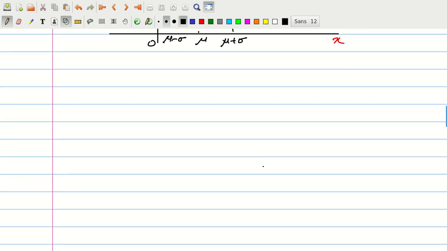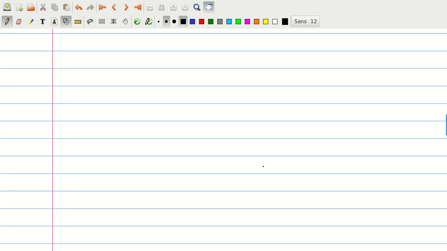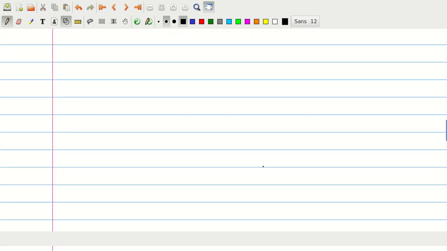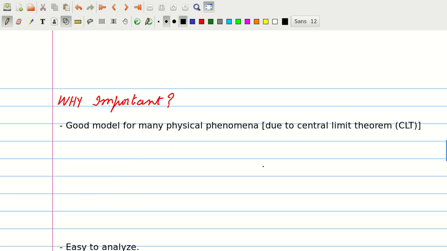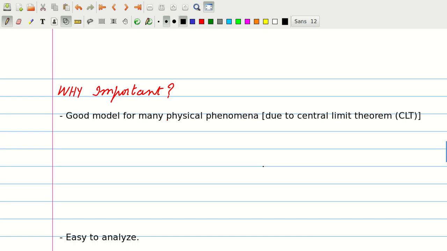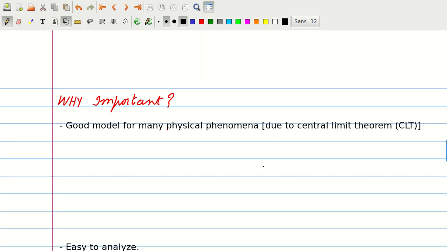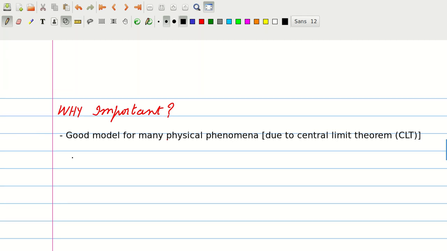Let us now look at some of the attributes of a Gaussian random variable which make it important. So, why is a Gaussian random variable important? Number one, it's a good model for many physical phenomena due to a well known relation from mathematics called the central limit theorem.